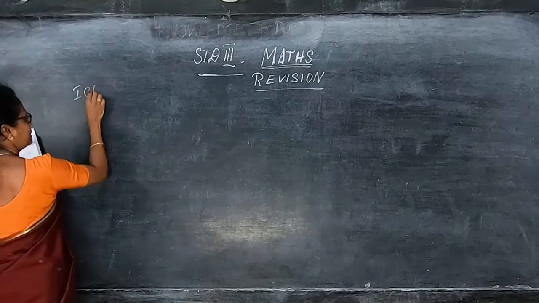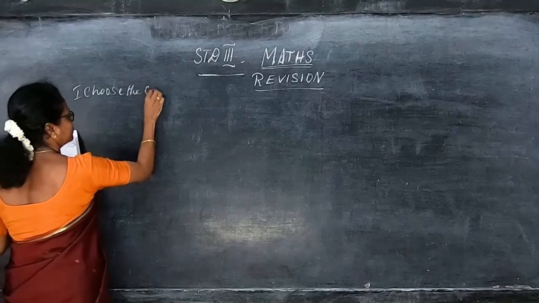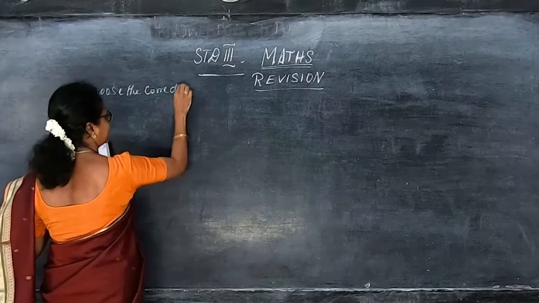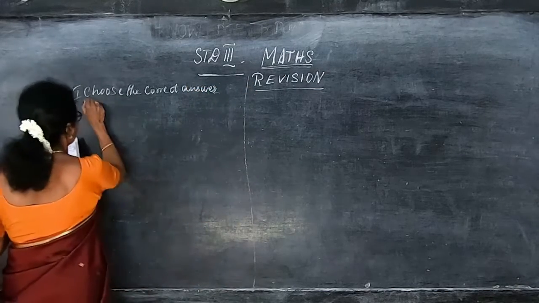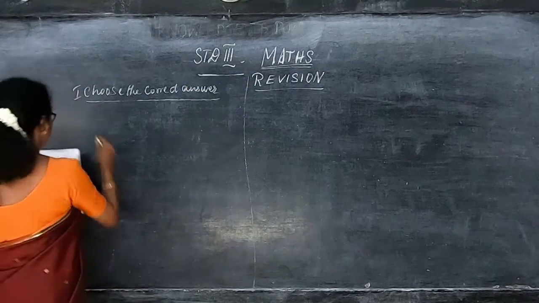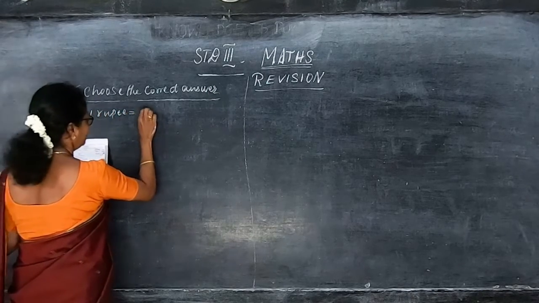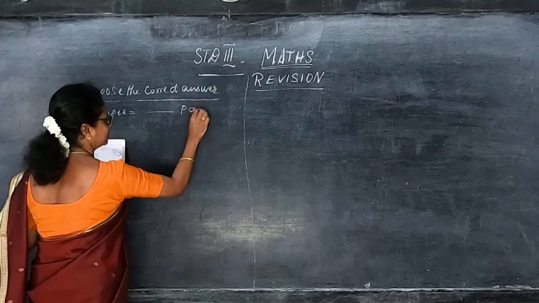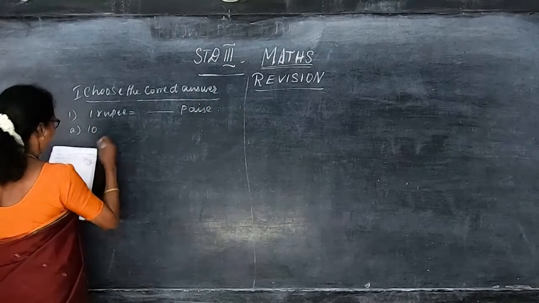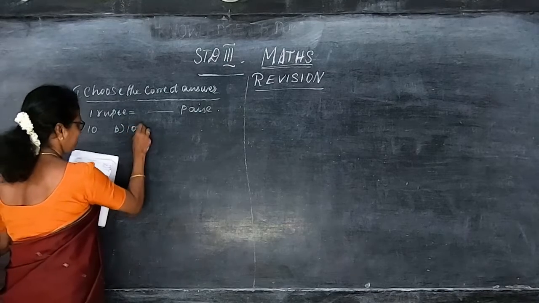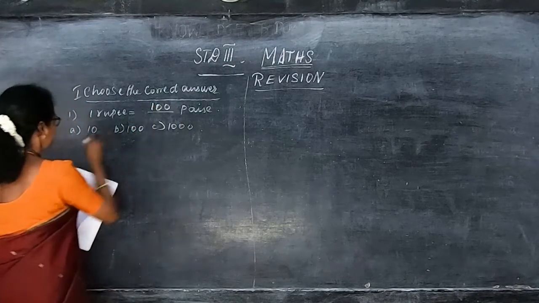Now, first we will move on to choose the best answer. Choose the correct answer. First one: 1 rupee is equal to dash paise. A is 10, B is 100 and C is 1000. So 1 rupee is equal to 100 paise.